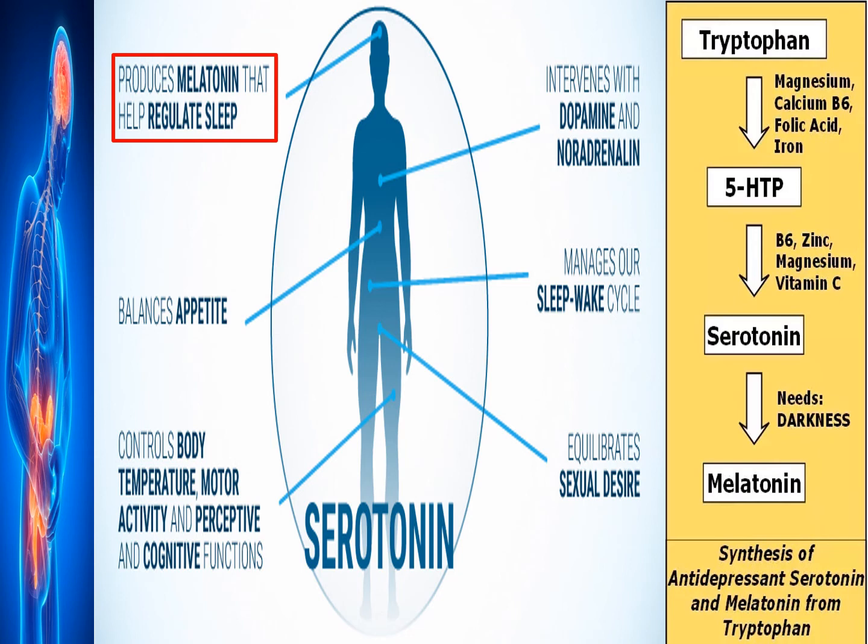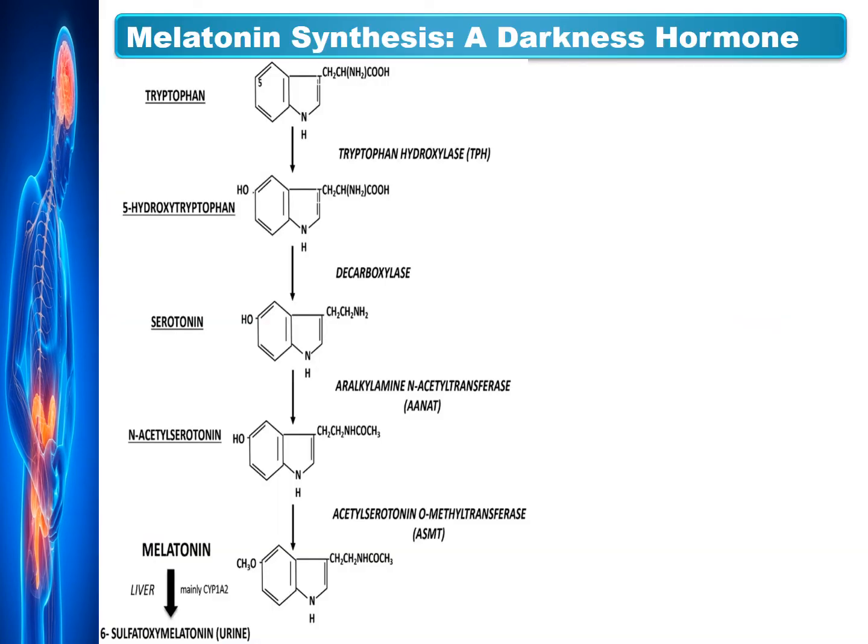So this was the synthesis of antidepressant serotonin and melatonin from the key substance, that is tryptophan. Now let us discuss in detail the biosynthesis of melatonin, which is also called the darkness hormone.